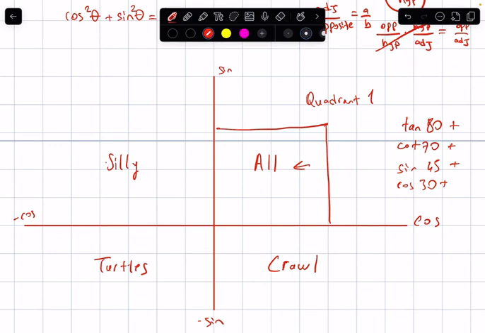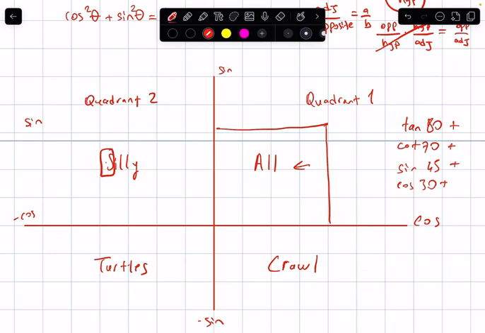And in quadrant 2, which one is negative? Let's test it. Let's see. Sine is positive, and the rest is negative.